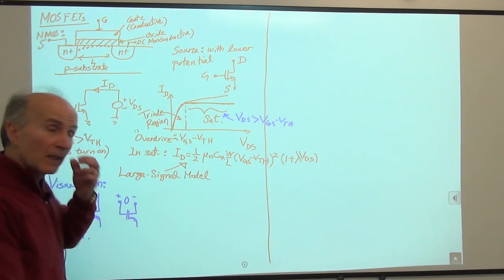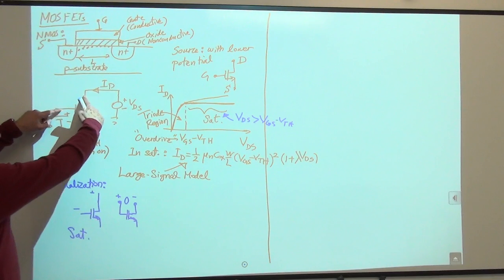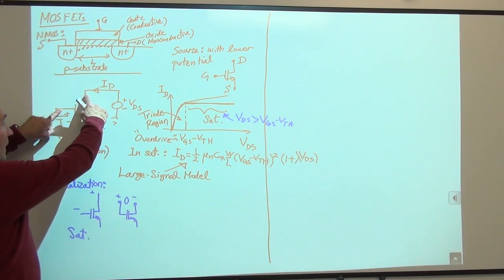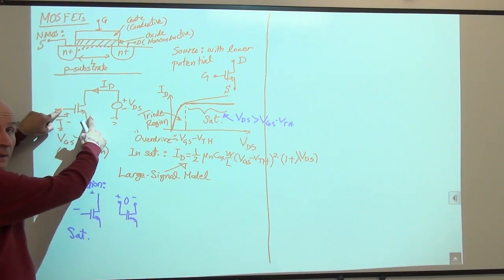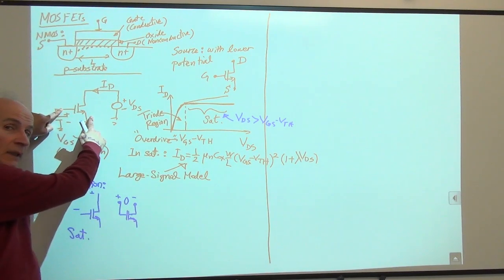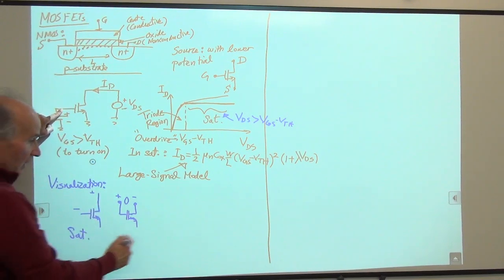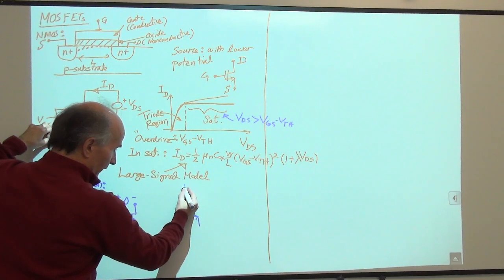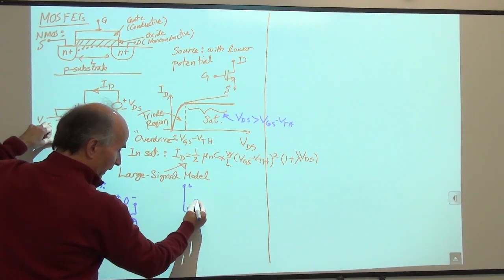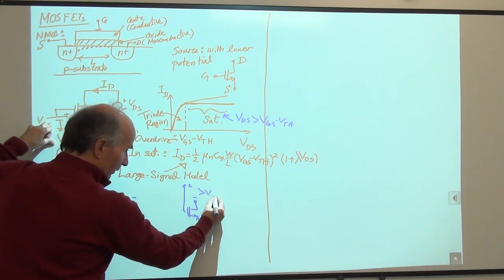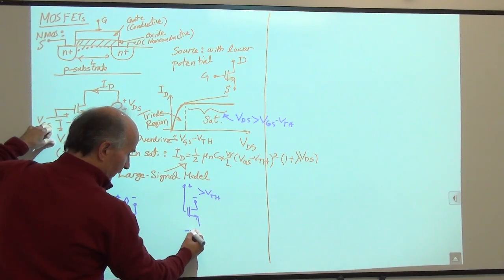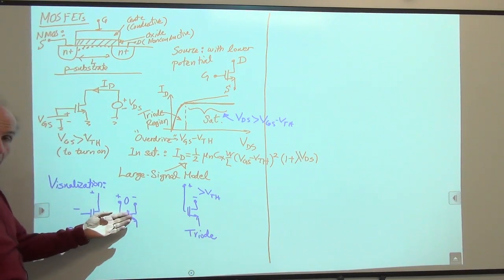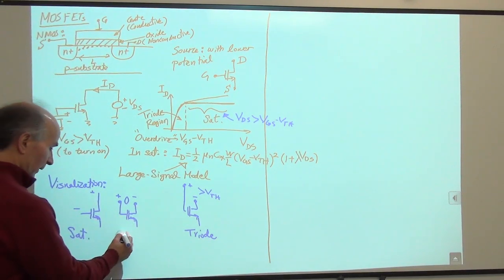All that means is that we should be looking at the drain and the gate. We don't even need to worry about the source. If the drain is below the gate by more than a threshold, the device is in the triode region. So that would be way over here. Obviously this is far from that, so this is still in saturation.